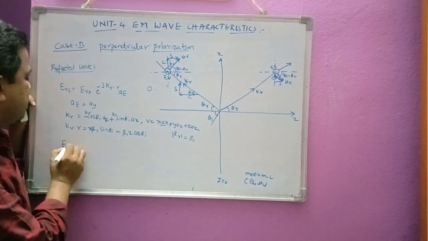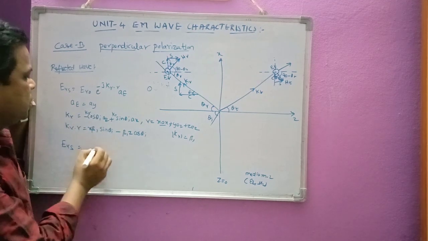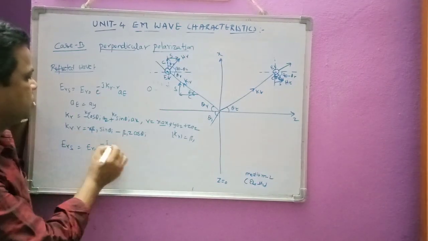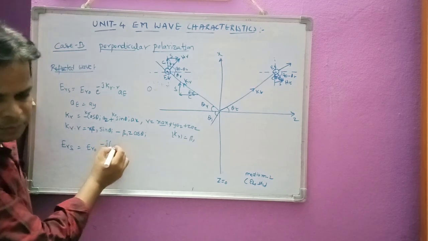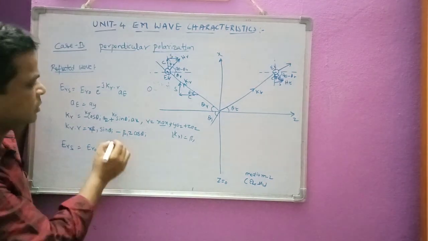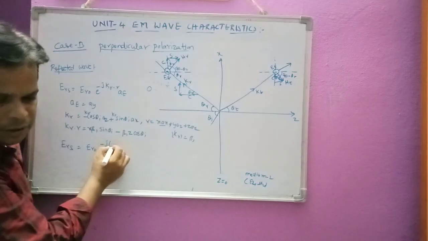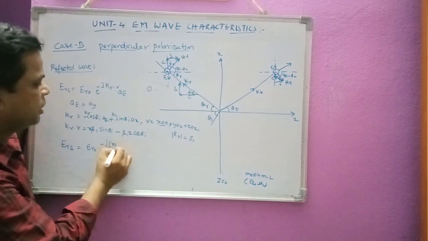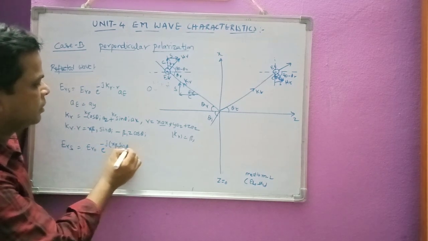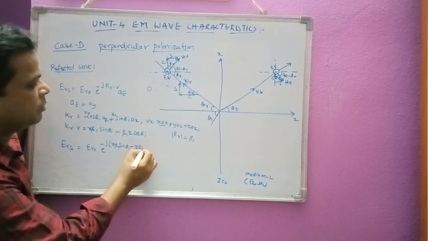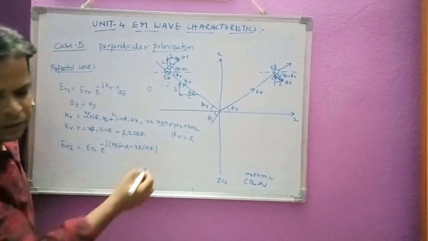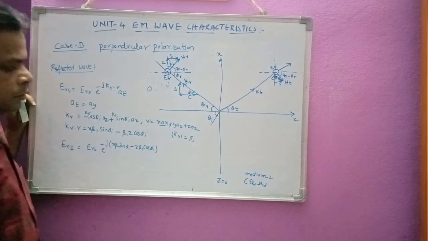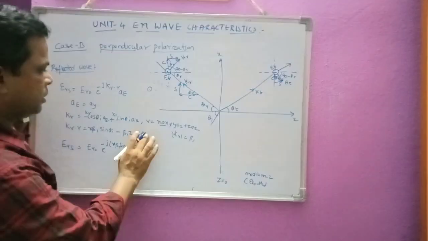That is for the reflected electric field here, it will become ER naught into e power minus j, and this one, that is x beta 1 sin theta I minus z beta 1 cos theta I. Okay, so this will be the equation for the, sorry, it is r.